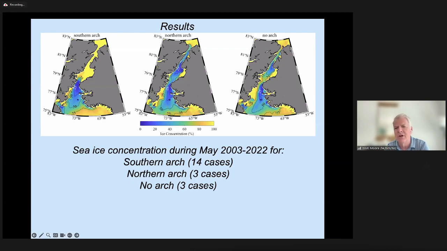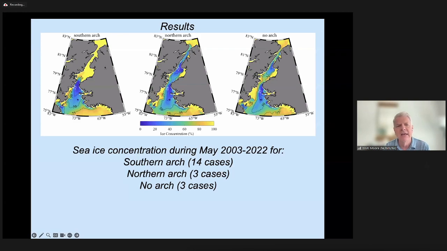When there are no arches present along the strait, one has a situation somewhere between these two, with regions of reduced ice cover in Kennedy Channel and the northern parts of Kane Basin, and again, reduced ice cover south of Smith Sound.